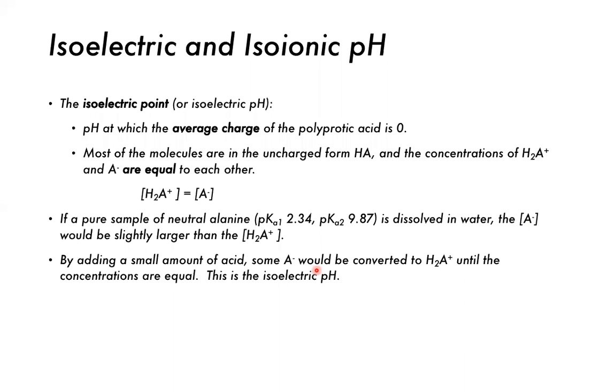So by adding a small amount of acid, some A- would be converted to H2A plus until the concentrations are equal. And this is the isoelectric pH.